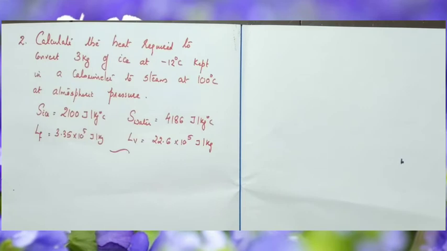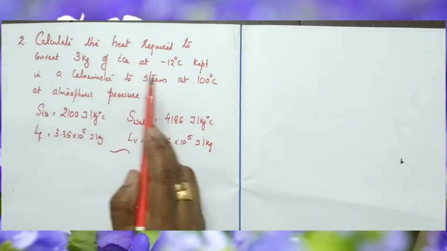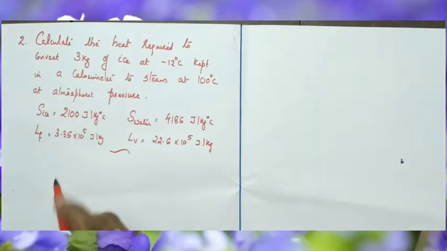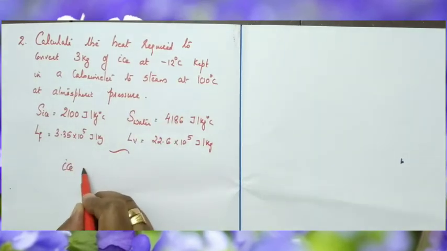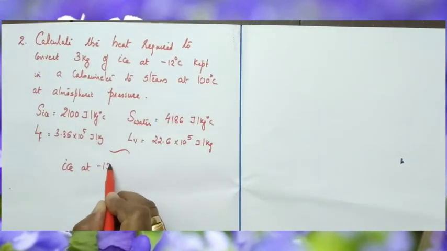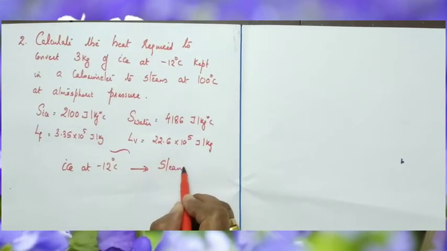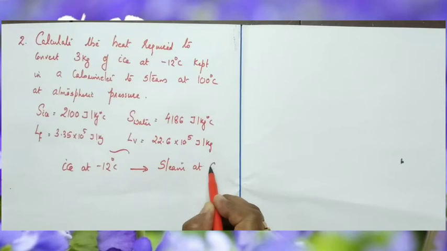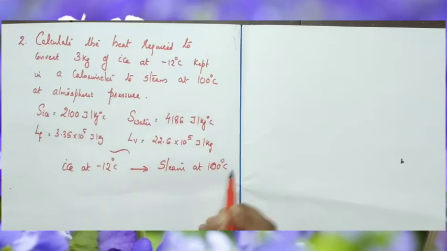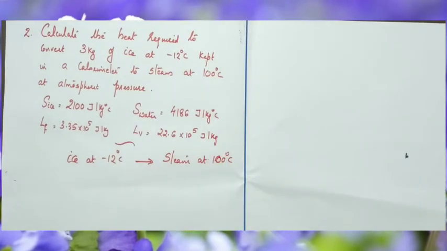Here we have to calculate the quantity of heat required to convert 3 kilogram of ice at minus 12 degrees Celsius to steam at 100 degrees Celsius. This can be calculated in different steps.